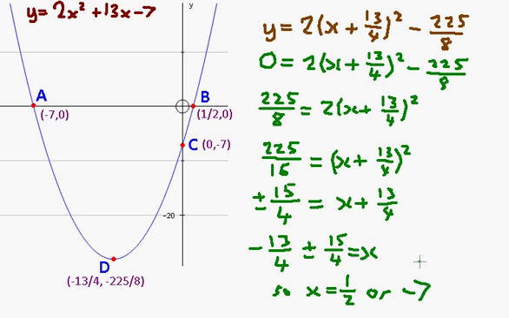So we have now double checked and triple checked that x must be a half or x is minus 7, giving us the coordinates of A and B again. So you need to be aware of all of these methods in order to work out those 4 important points on a parabola.